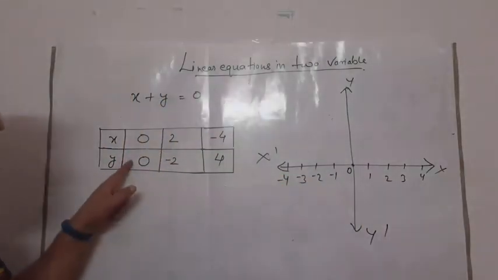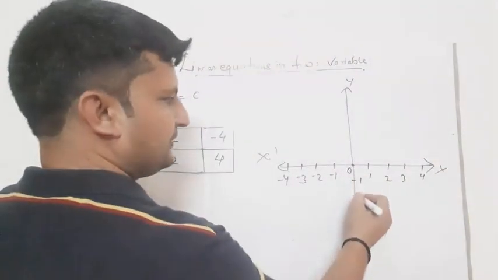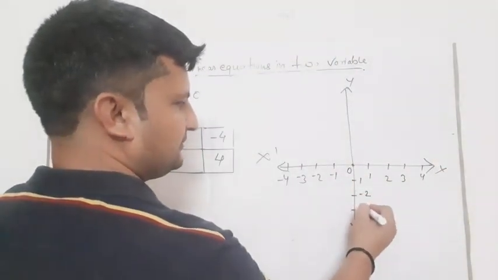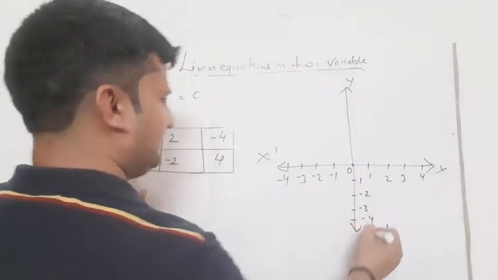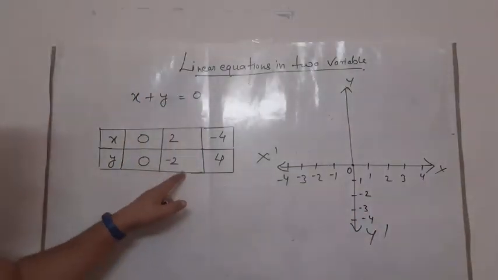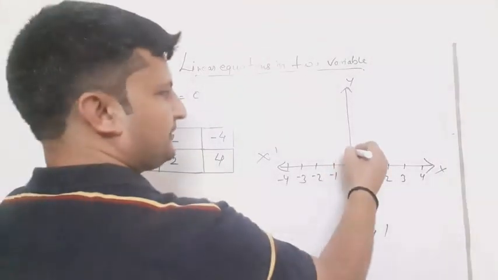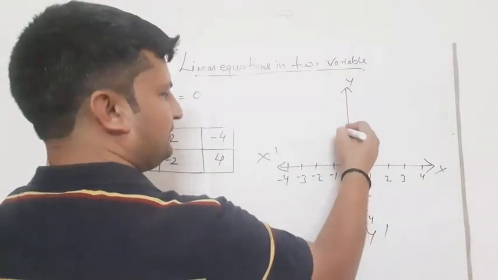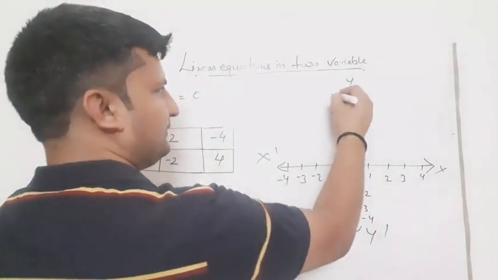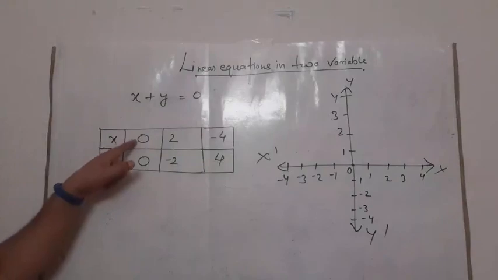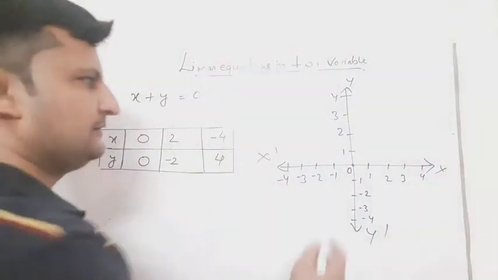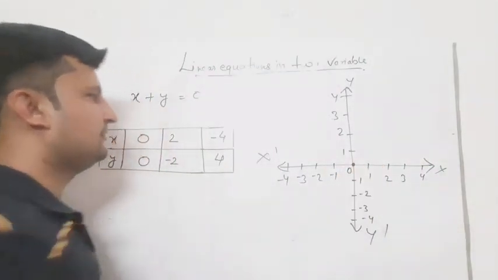And y is equal to 0, comma, minus 2. We can make it 1, minus 2, minus 3, minus 4, and 1, 2, 3, 4. Now see the coordinates, x is equal to 0 and y is equal to 0. So one point is here, 0, comma 0.